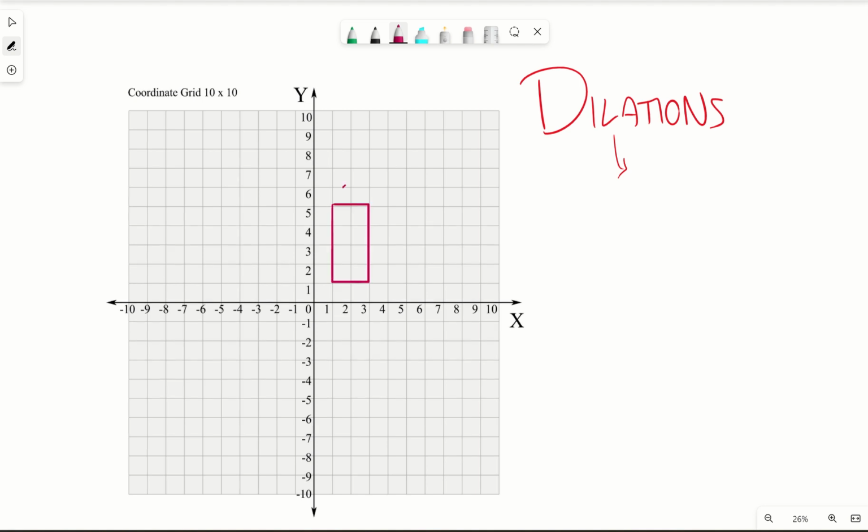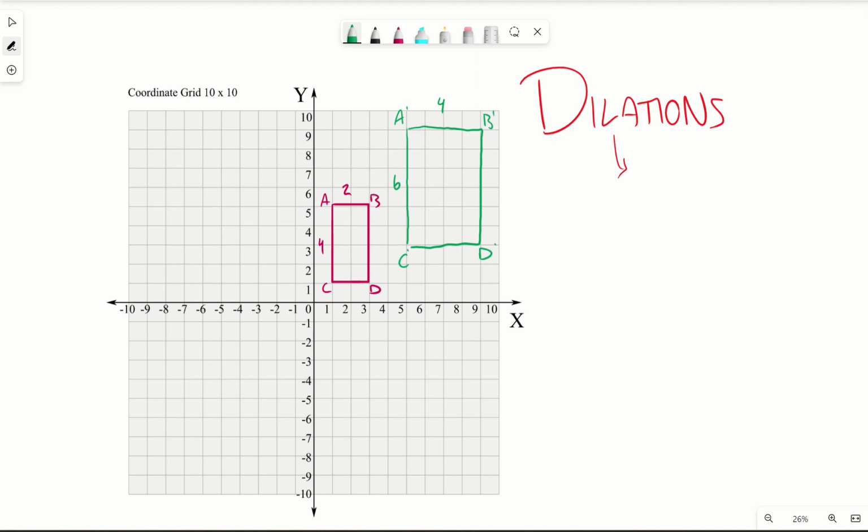This is a 2 by 4, A, B, C, D. And then we'll do a rectangle that looks like this. This is a 4 by 6. We'll call this A prime, B prime, C prime, and D prime.